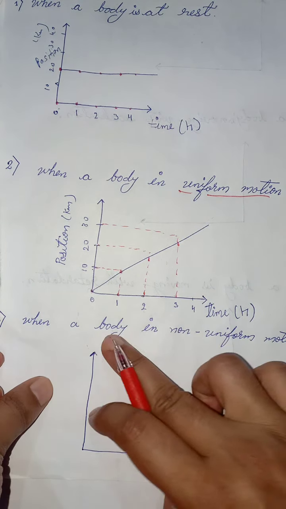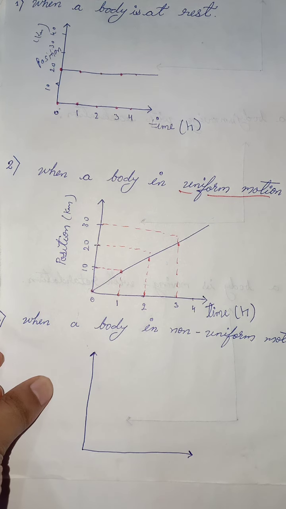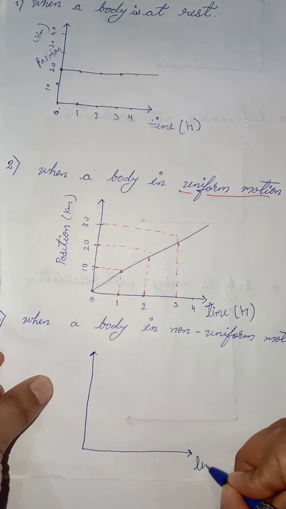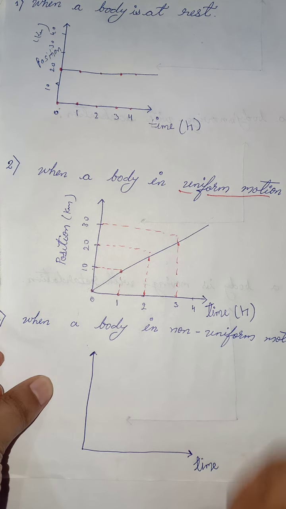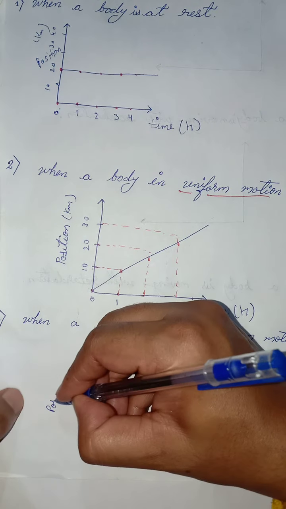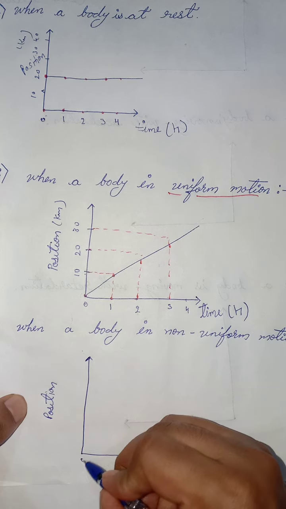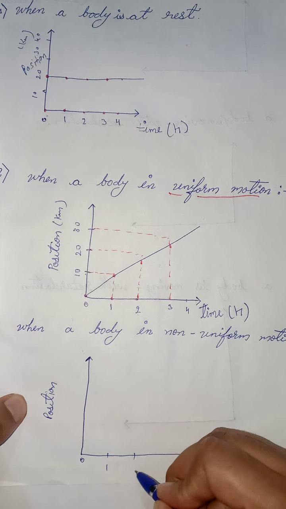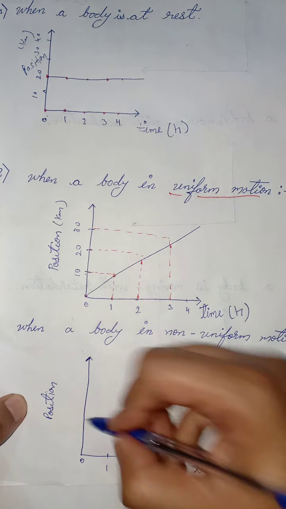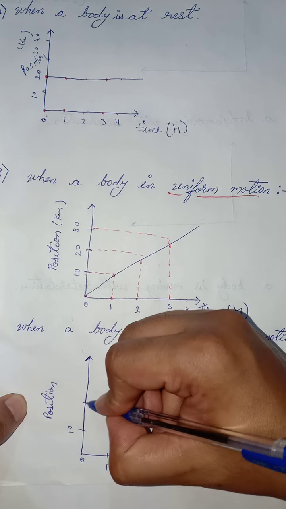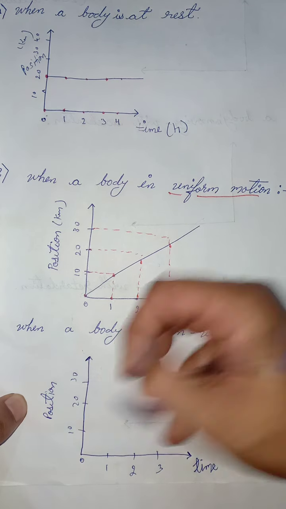Similarly see, when a body is in non-uniform motion. In non-uniform motion, again you have to write time here and position here. Here time 0, 1 hour, 2 hour, 3 hour, and 10 kilometer, 20 kilometer, 30 kilometer.